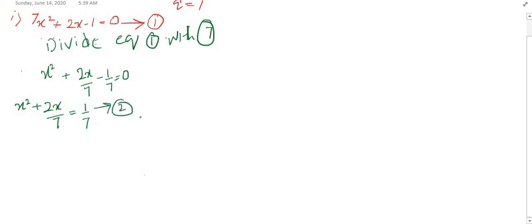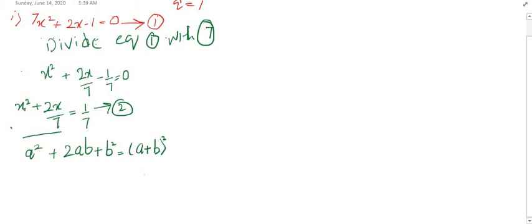Okay. Now complete the square of the term which is on the left hand side. We use this formula: a square plus 2ab plus b square equals to a plus b whole square. Okay. According to this term, a is x, a square is x square.